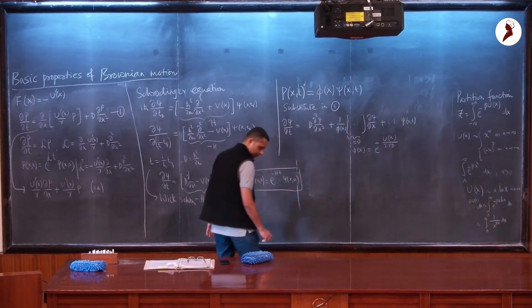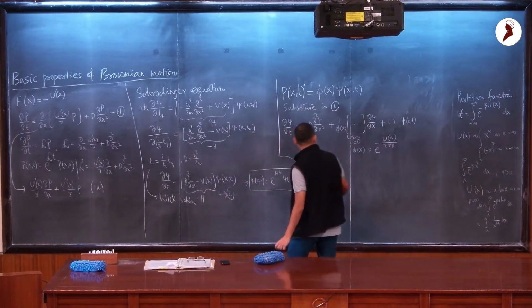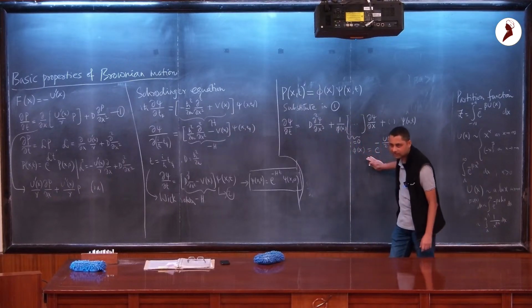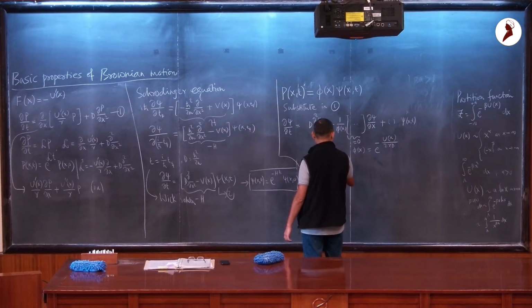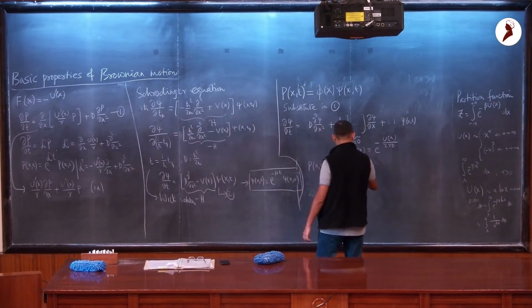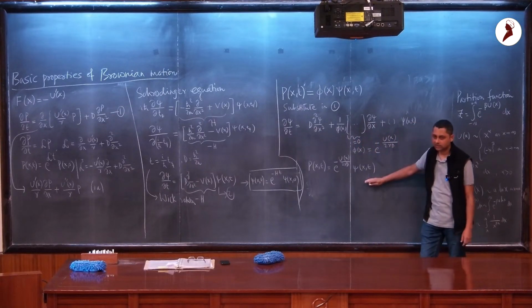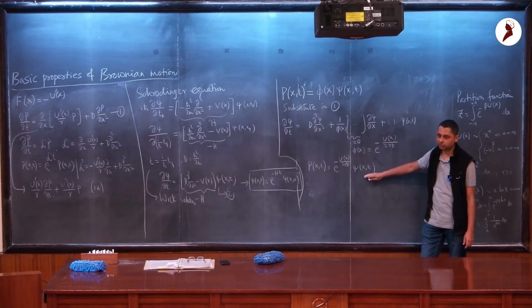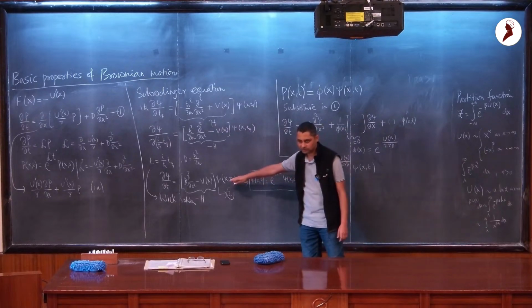So what I am saying is that, now since I know the answer, if I put p of x, t equal to exponential of minus u of x by 2 gamma d times psi of x, t, then this psi is going to satisfy the Schrodinger equation, which is given by this.